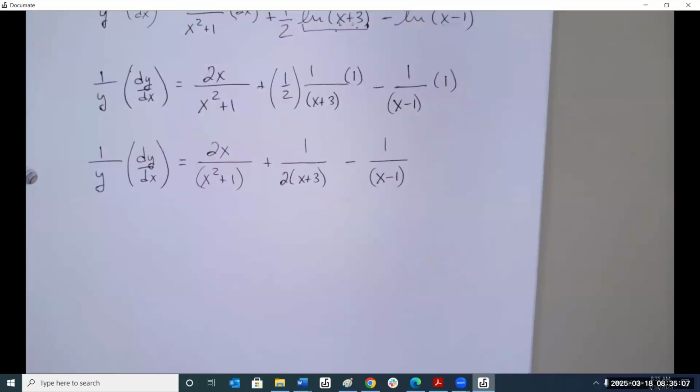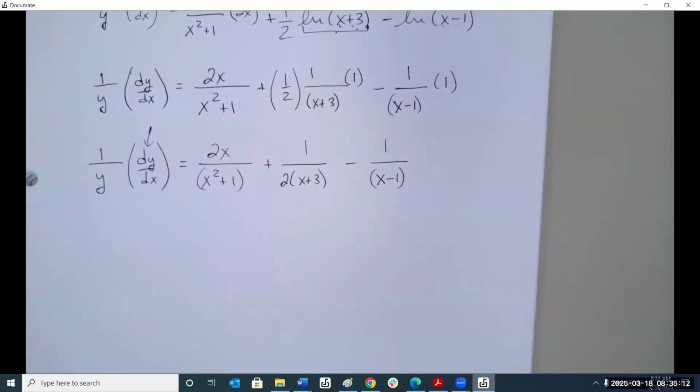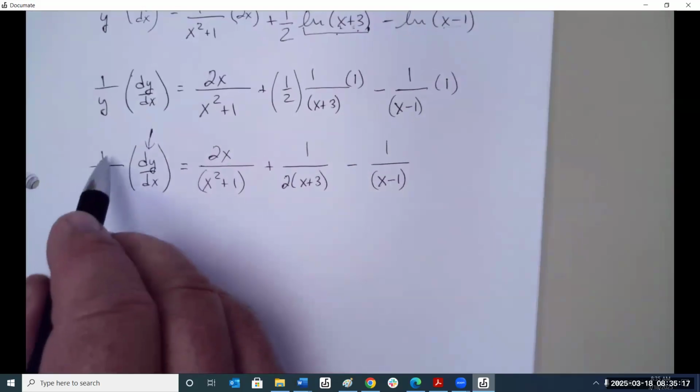Are we done? No, because we have to solve for dy/dx. What do we have to get rid of? We have to get rid of this.